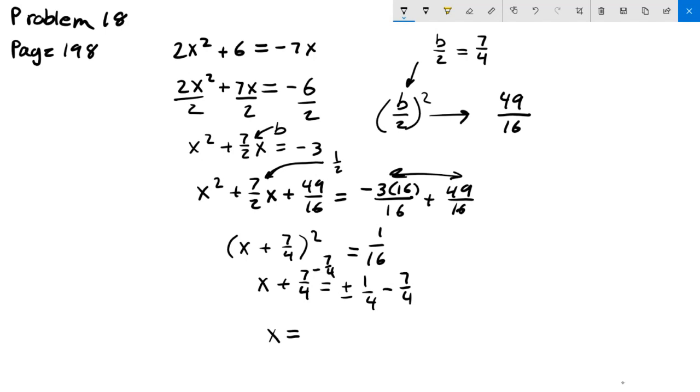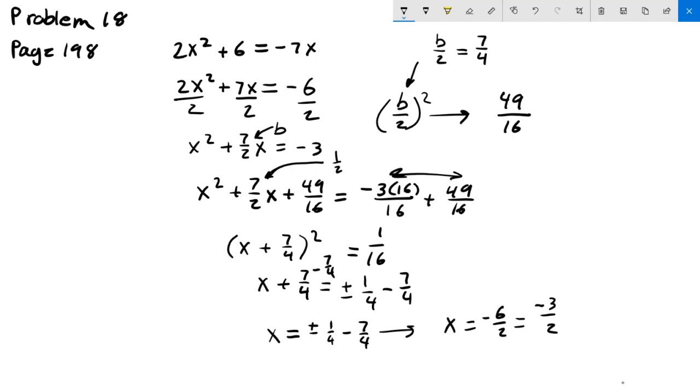And now we're left with this. So we've got plus or minus 1 over 4 minus 7 over 4. So what we do is we do the plus and then we do the minus, and those will be our two solutions. So this plus 1 over 4 is equal to negative 6 over 4, which is equal to negative 3 over 2.